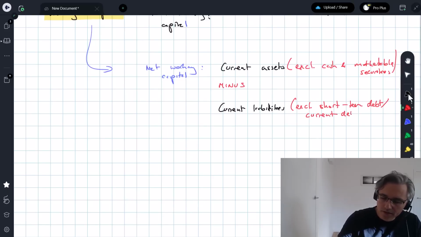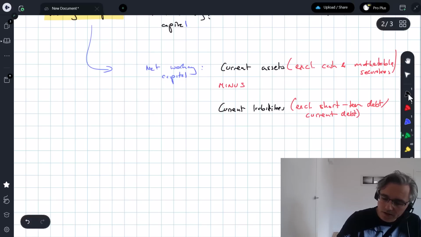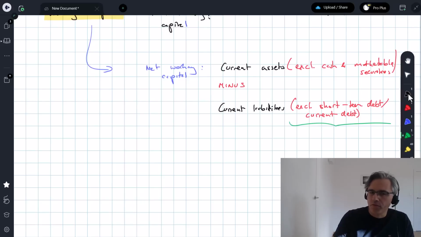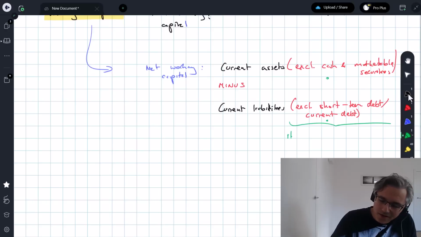Why do we make these exclusions? Well, the idea is that these items in brackets here, both up here and down here, with which we adjusted current assets and current liabilities respectively, are items which are less related to the company's business operations.